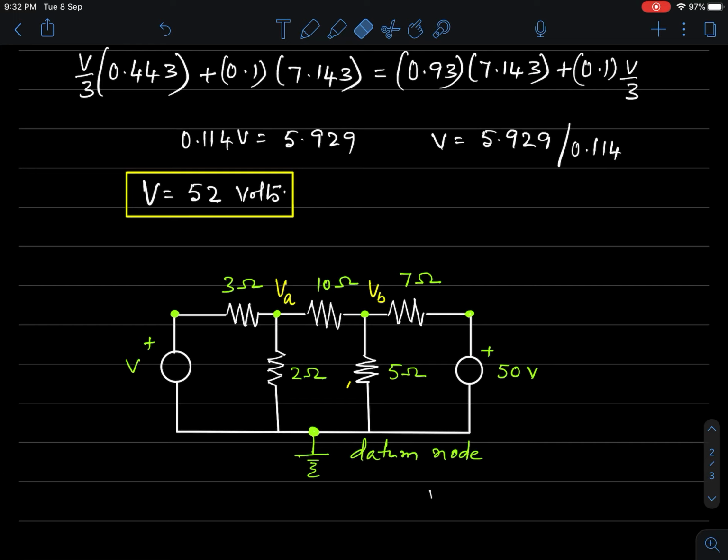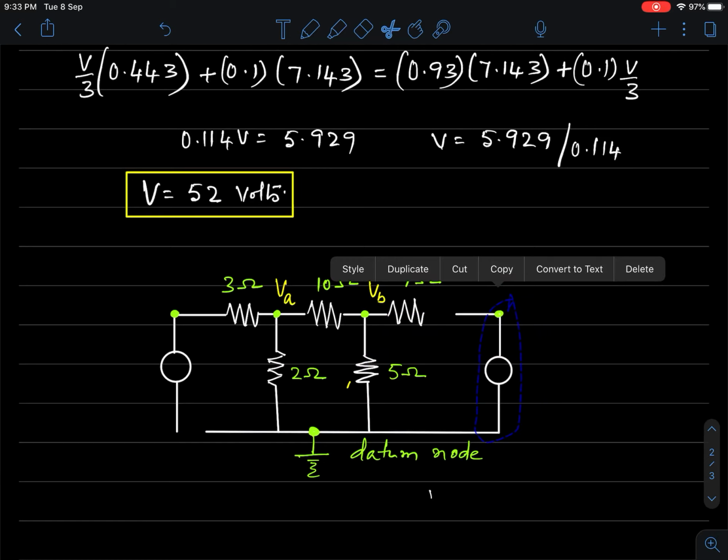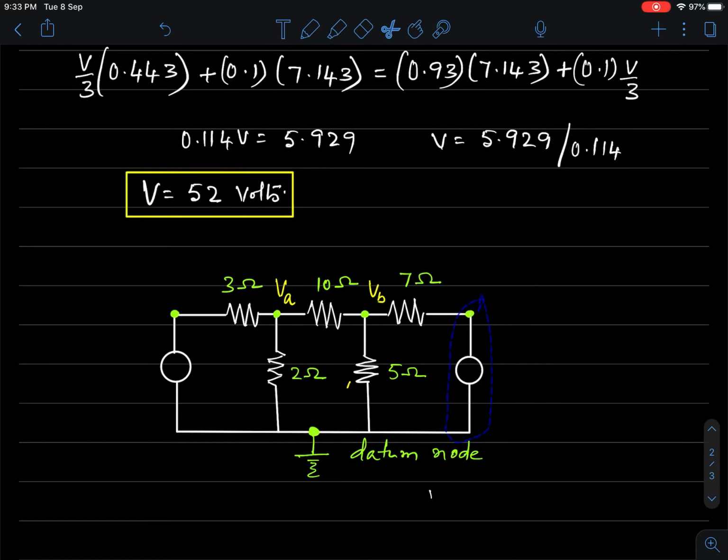I will remove this, take this back. No, this is much better, much easier.